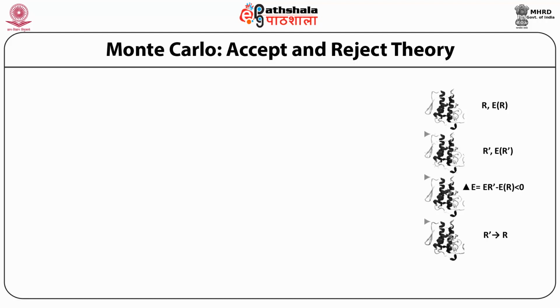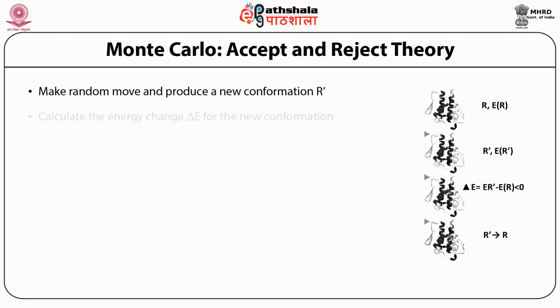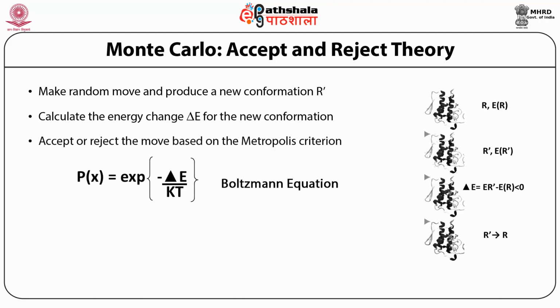The fundamentals include making a random move to produce a new conformation R dash. We then calculate the energy change in terms of delta E for the new conformation. Using the Metropolis criteria, this particular move is either accepted or rejected and incorporates the Boltzmann equation.